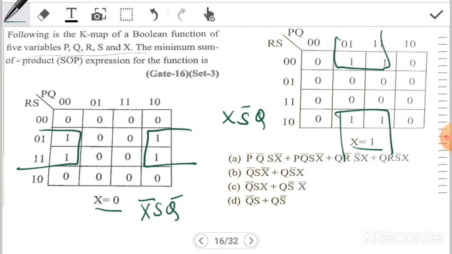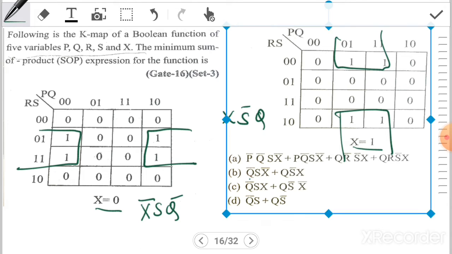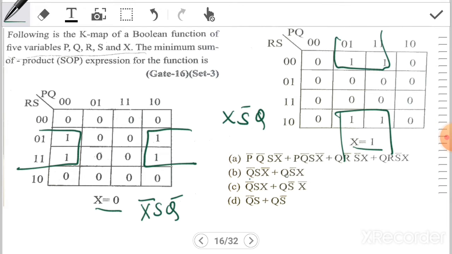So this is the answer. Q complement S, X complement Q, S complement X. So B is the answer.